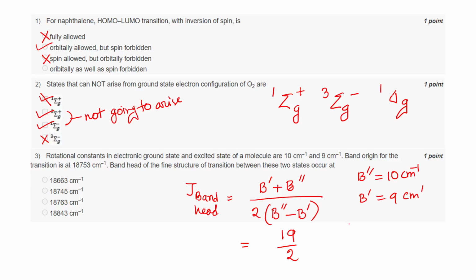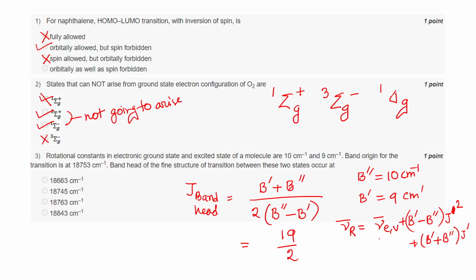And at the band head, your new R is your new EV, your band origin plus B dash minus B double dash, J prime square plus J dash. So now when you plot it, then this is given.